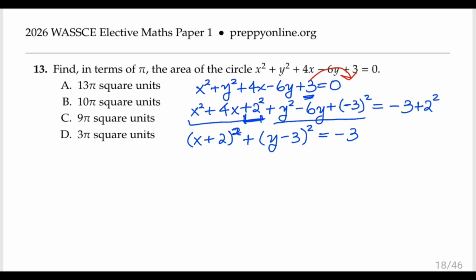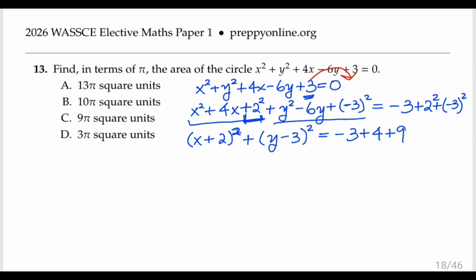And when I added the square of minus 3, I should have done the same thing here, so minus 3 squared. All right, so here we have minus 3, then 2 squared is 4, so plus 4, and then plus the square of minus 3, which is 9.